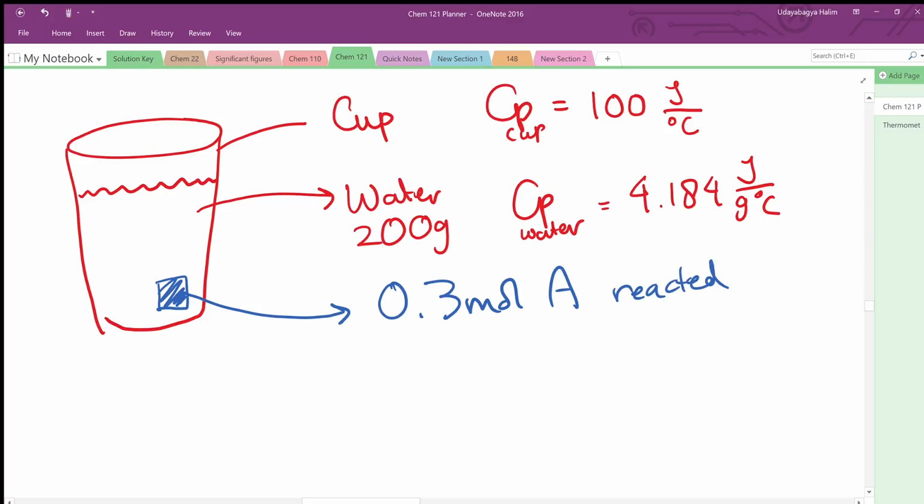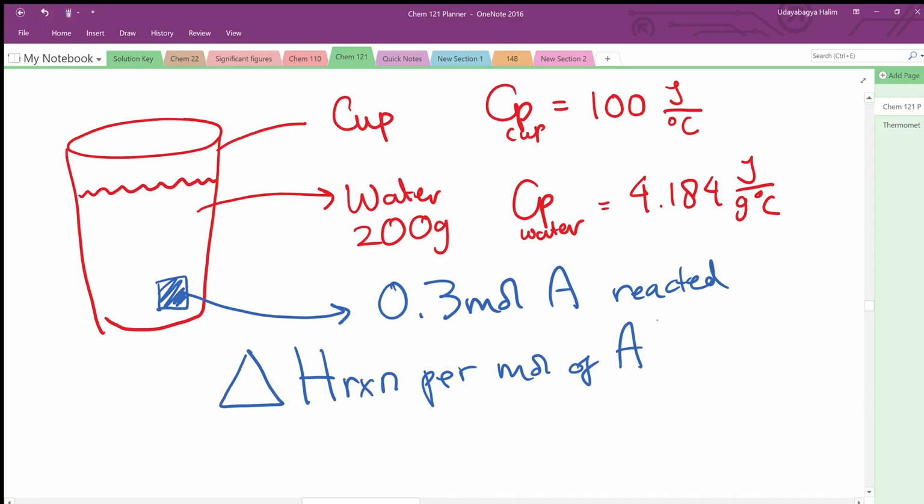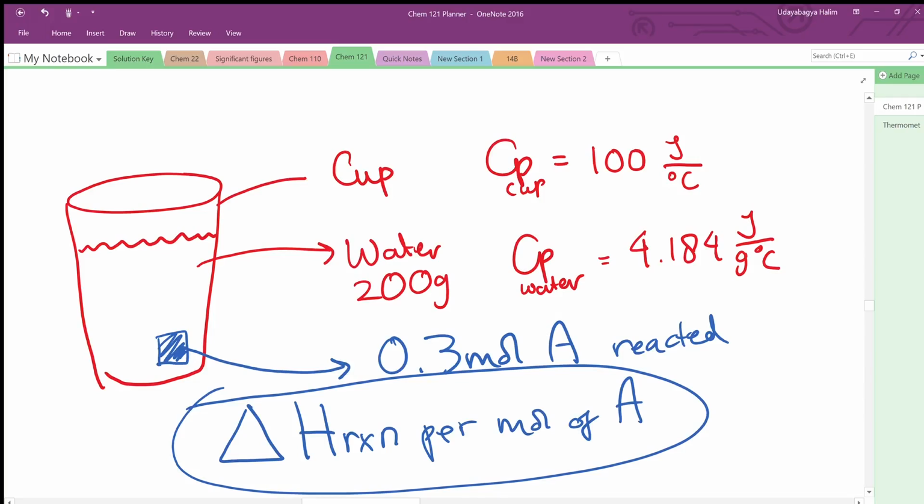You don't need to know any other information. Your goal here is to find the delta H of reaction per mole of A. The information that you have is that when you put in the thermometer, the initial temperature is 23 degrees Celsius.